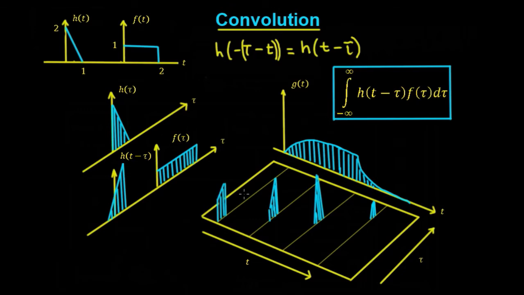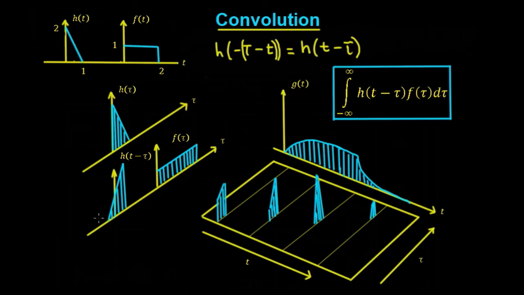So this can best be seen if we look at it in 3 dimensions. And then what we can do is we can actually split up our t axis and our tau axis, and you can see the actual connection between the dummy variable tau and our variable t.